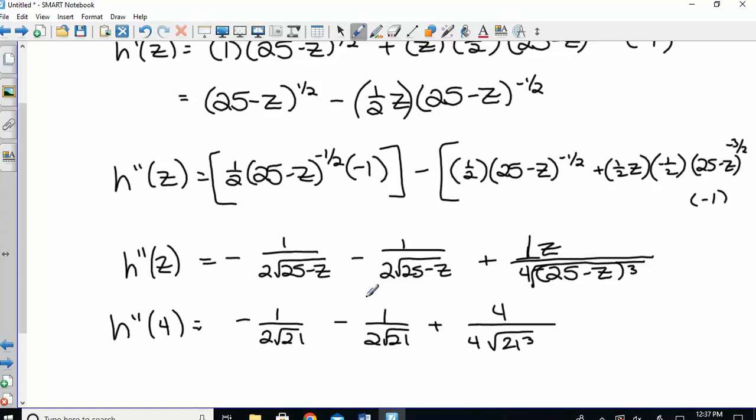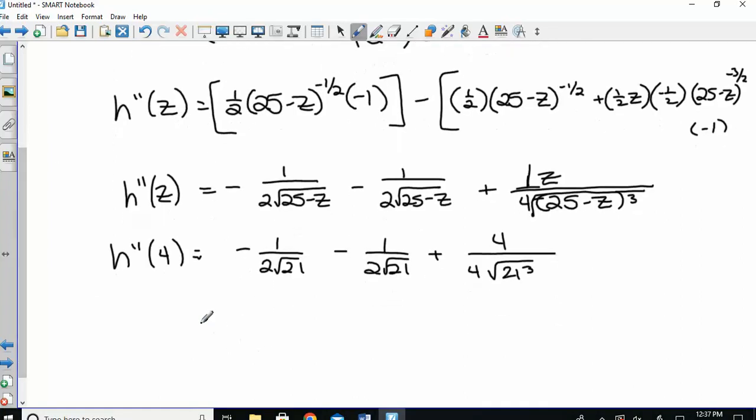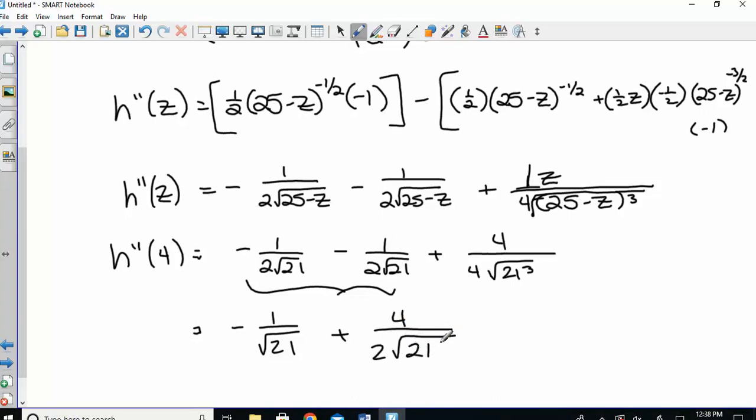All right, so without a calculator, we would be a little bit limited on what we could do as far as simplifying. At the very least, these are like terms, so I would expect you to put them together. So that would be -2/2 radical 21, or the 2's could cancel. I simplified mine more than this, but assuming you didn't have a calculator, you could leave it like that.